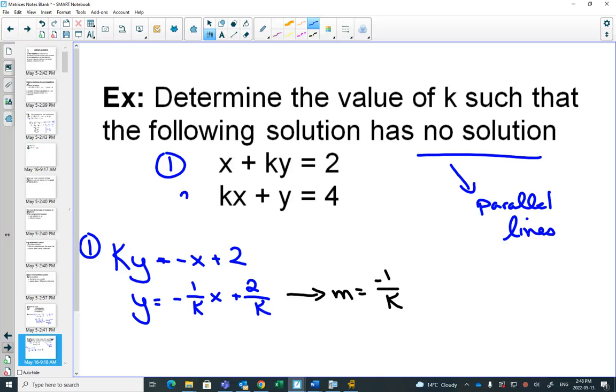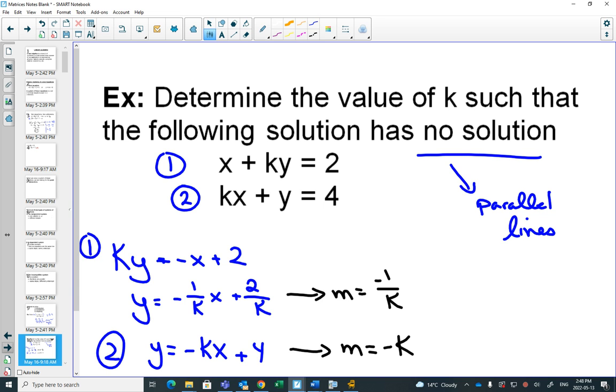If I look at equation 2, and I rearrange that one, I find out that the slope of equation 2 is negative k.